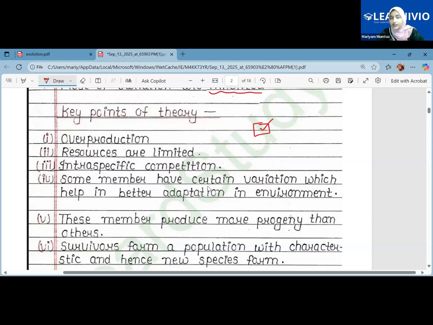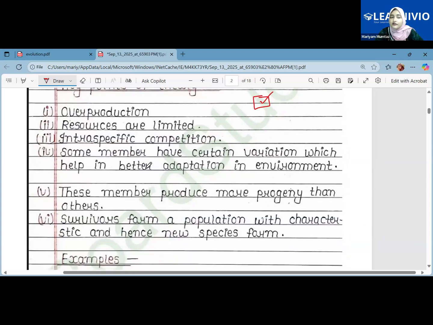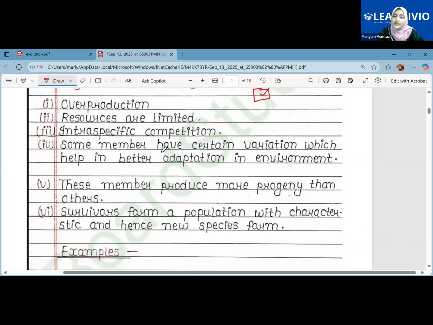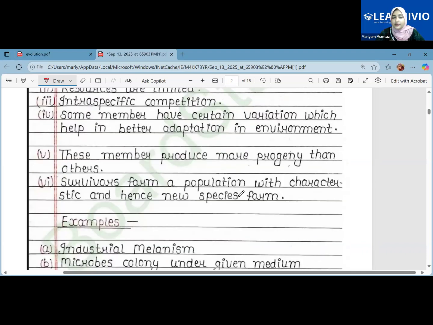So there's competition. Some members have certain variations, and because of the presence of variation, some organisms can adapt much better. These members produce more progeny as compared to the others. Whichever organism is superior, or has the best kind of condition, will be able to leave more progeny and thereby evolve, thereby being selected by nature.